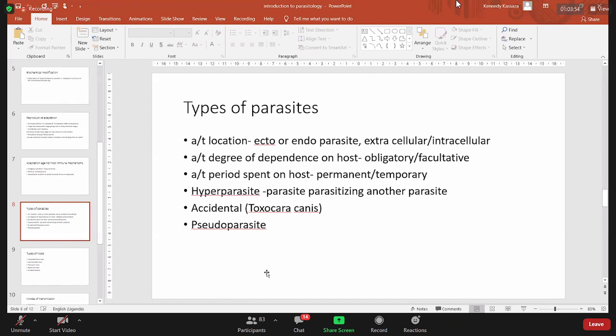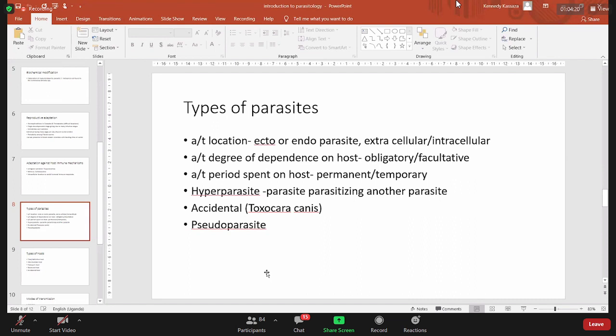But because human beings are an unnatural host, the parasite only wanders in tissues, and it ends up being encysted in the host tissues of humans. It does not develop to an adult parasite, so it is referred to as an accidental parasite.